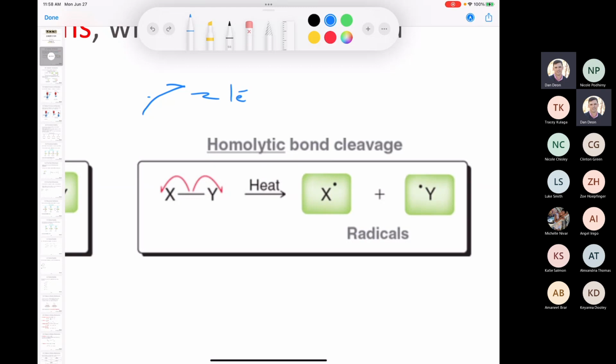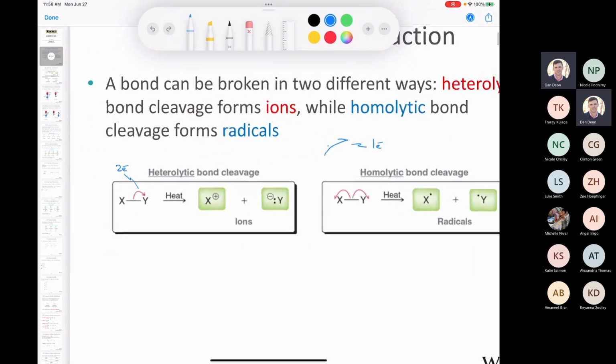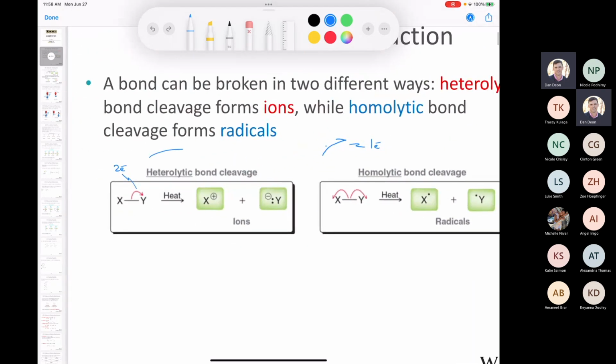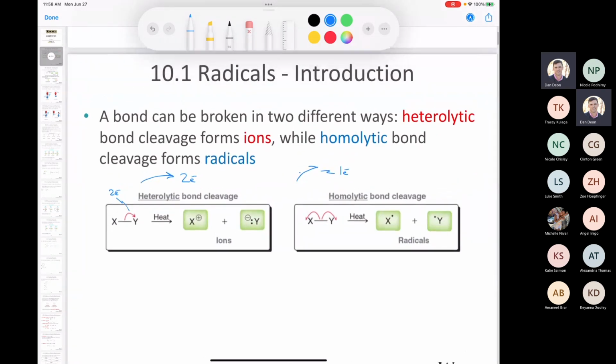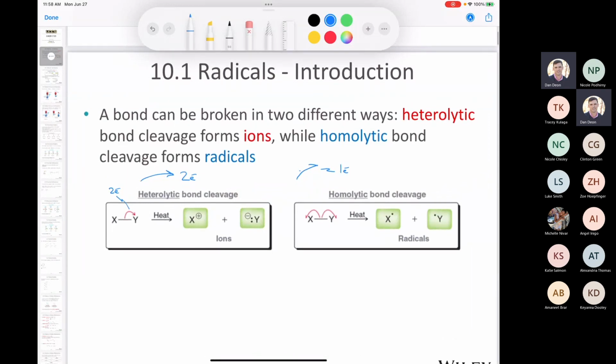So there you go. Heterolytic bond cleavage is the movement of two electrons, so that's a double-headed arrow, and a single barbed arrow, as we usually call it, represents the flow of one electron, and so we can end up with a radical.